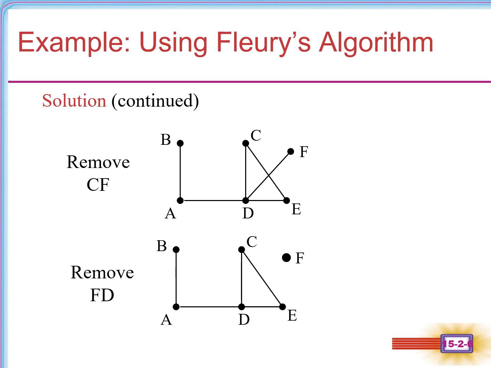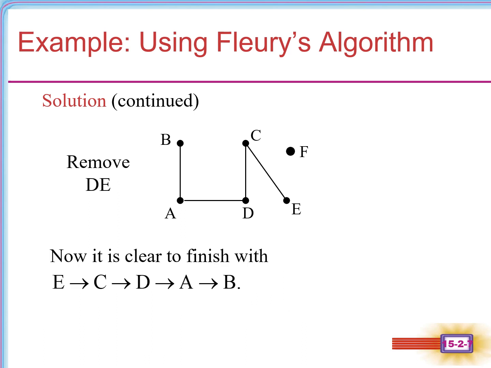After removing CF, you have got only one choice, that is FD. You have to remove FD. FD is also not a cut edge. Now you can remove DE. After removing DE, you have only one choice, that is you can remove edge EC.